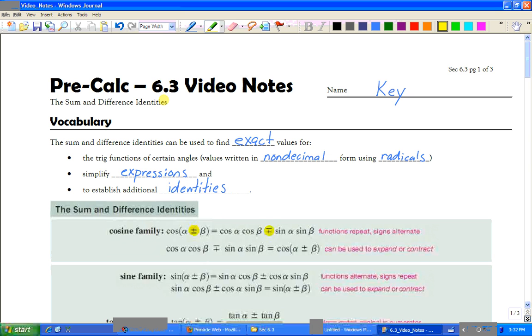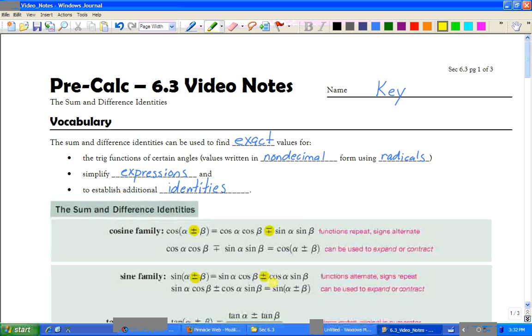Okay, and then if we look at the sine family, it's sine alpha plus or minus beta, and then it equals sine alpha cosine beta. So the functions alternate, but the sign repeats. So you'll notice again that this side is plus minus. So for a sine sum, you're also going to put a positive in between the alternating functions.